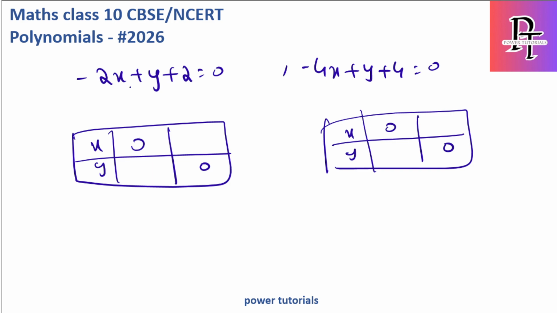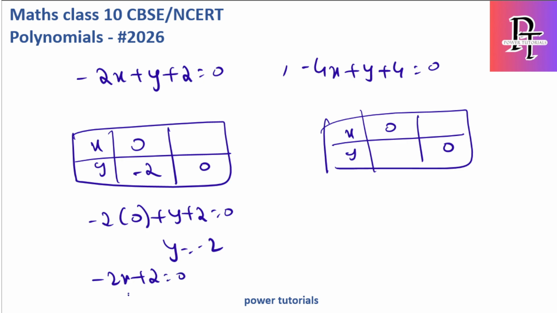Okay, let's keep x as 0. I'll get minus 2 into 0 plus y plus 2 is equal to 0. So the y value I got is minus 2. If I keep y as 0, I'll get minus 2x plus 2 is equal to 0. So 2x is equal to minus 2 by minus 2, which is 1. So the points are 0 comma minus 2 and 1 comma 0.